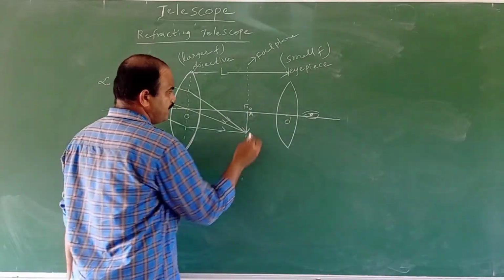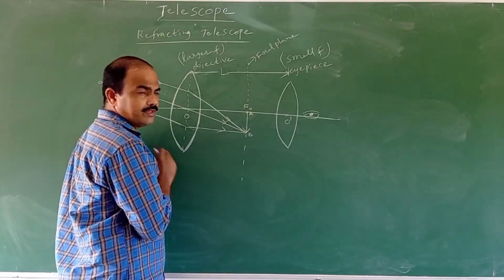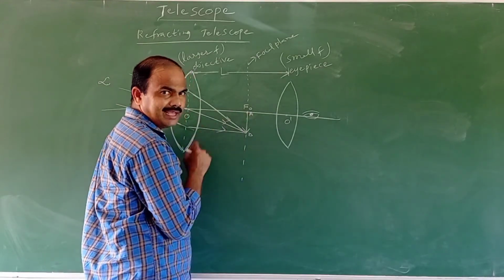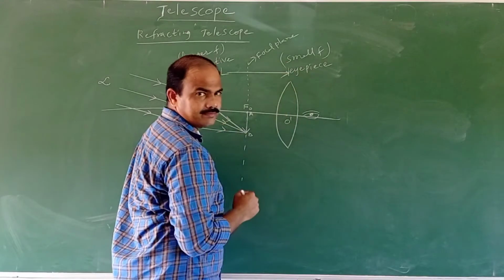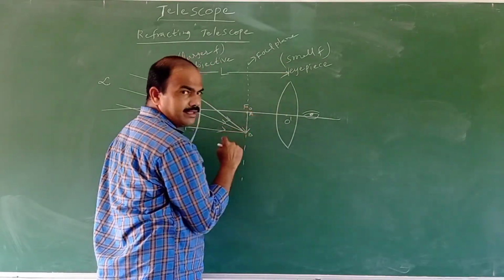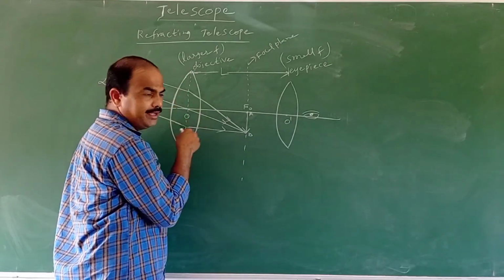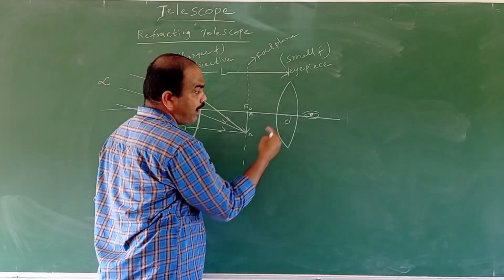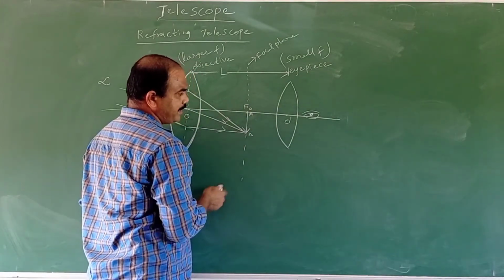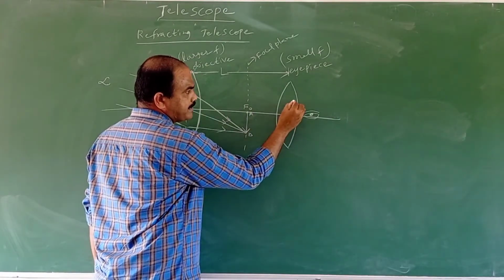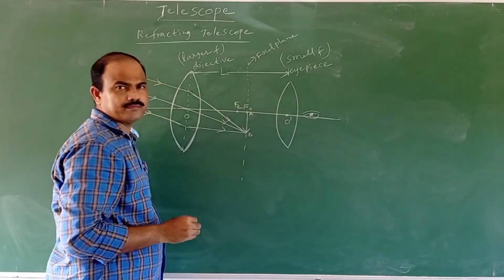But this image formed by the objective now acts as an object for the eyepiece. So this AB, the image formed by the objective, acts as an object for the eyepiece, and this object will be between the optic center of the eyepiece and the focus of the eyepiece.